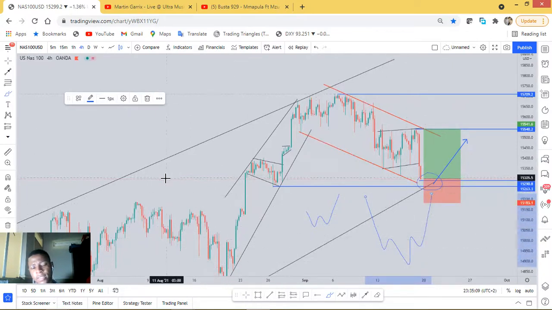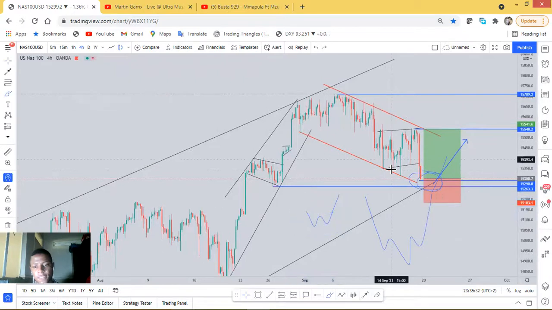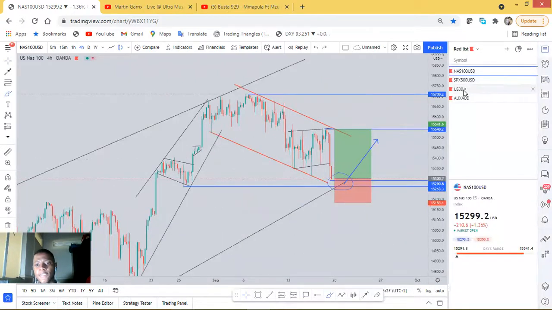Whatever entry tools you use according to your own strategy, you want to apply them in this area, and then you take your price. My favorite is the double bottom. Obviously, we'll see what the market pays for us. Yeah, so that's it for this leg.